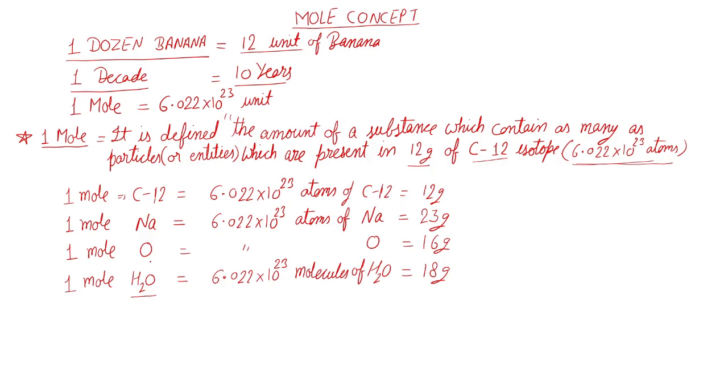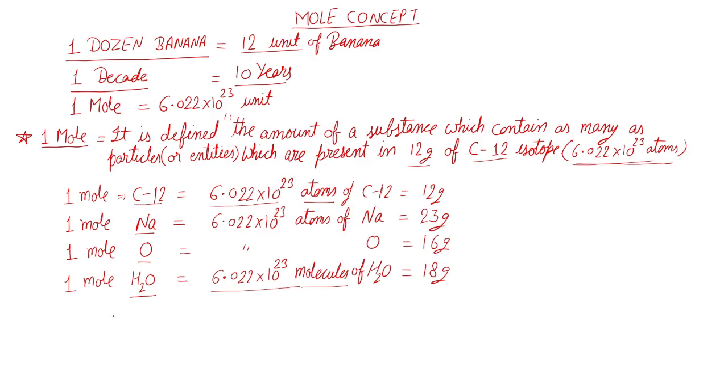It means we have to first of all identify what we are talking about. If it is an element, then in its 1 mole this is the number of atoms present. But when we are talking about a compound, definitely first of all it will contain this much number of molecules in 1 mole. Okay. But yes, we can also find the atoms there.